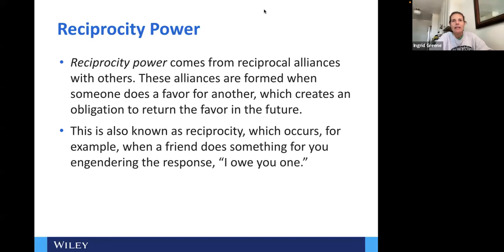Reciprocity power. This comes from reciprocal alliances with others, right? I'll do something for you if you do something for me. A good example is LMU donates a lot of money to the LAEDC, which is the Los Angeles Economic Development Corporation. It's a nonprofit that helps bring together different organizations in Los Angeles from other countries.